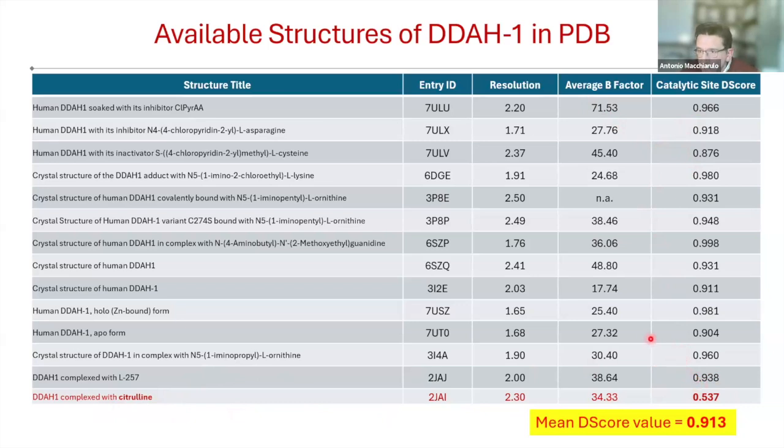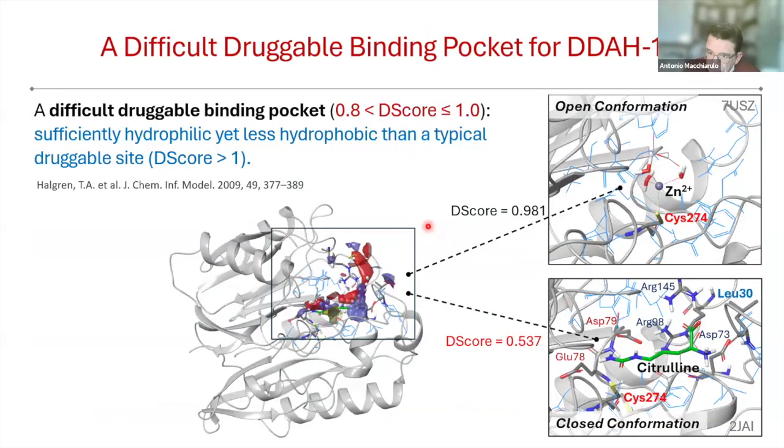This is somehow expected since, as I was saying before, the catalytic site is very exposed to the solvent. This results in a difficult, poorly druggable binding pocket in which we still have many hydrophilic residues, but not many hydrophobic ones, which are typically found in druggable sites that usually show a drug score above 1.